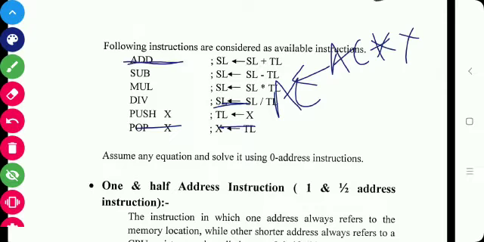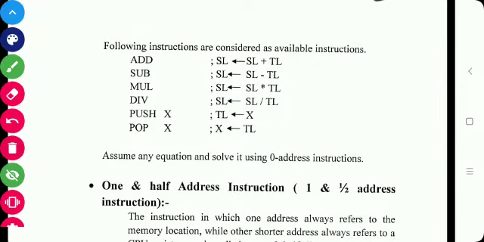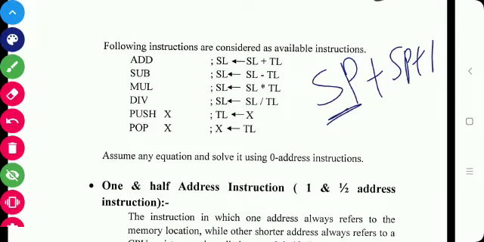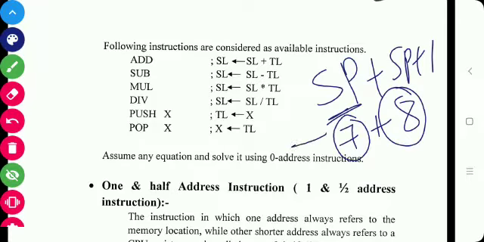When it is performed on the stack, this instruction adds SP, means stack pointer, with SP plus 1. So for example, if SP is the 7th location, it adds the 7th location with the 8th location and stores the result in the 7th location.